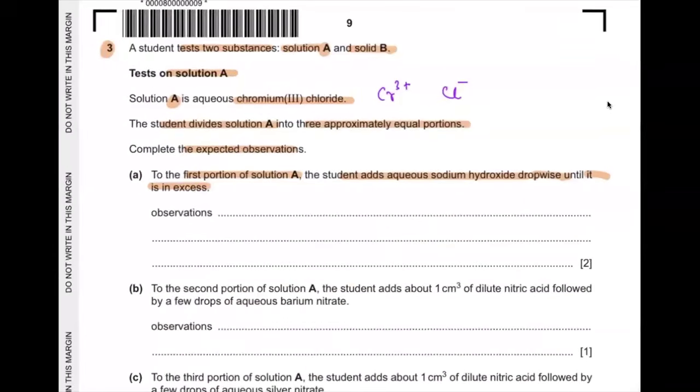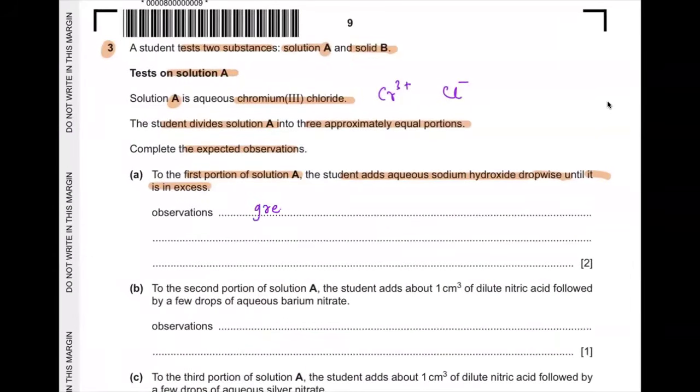So we are going to write: green precipitates become soluble in excess of aqueous sodium hydroxide.